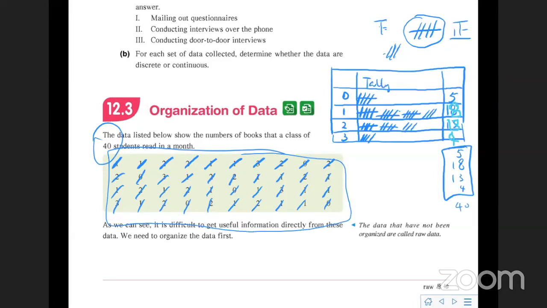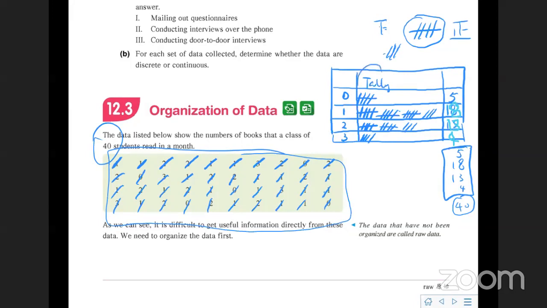If not, then there must be something wrong. Then in that case, you may have to redo everything. But if you add all these together and you find that the total is 40, then basically you should have done it correctly.